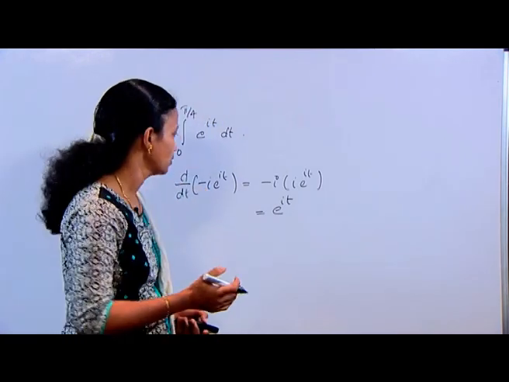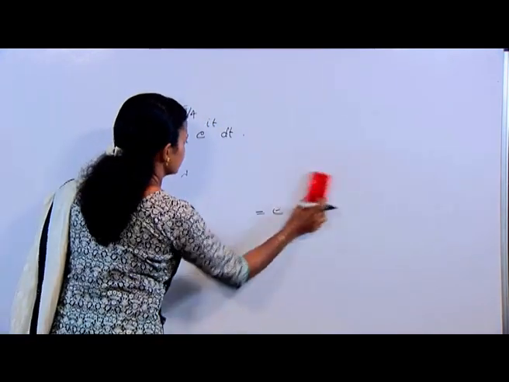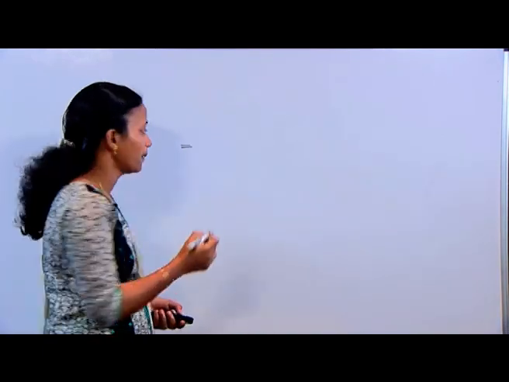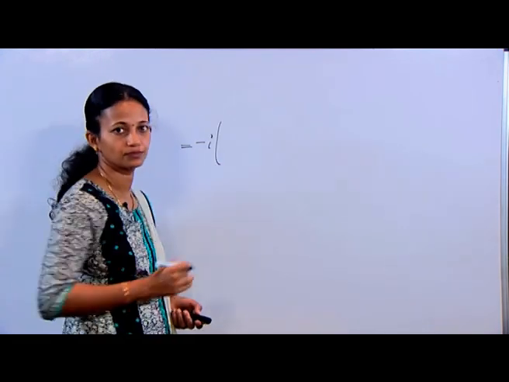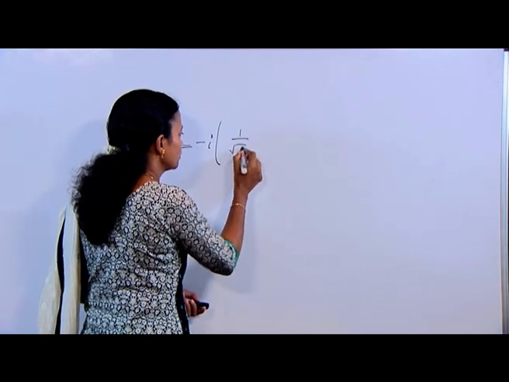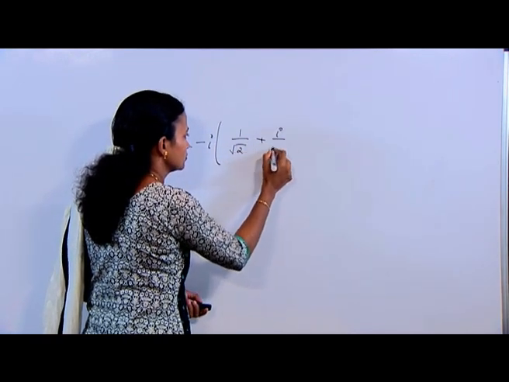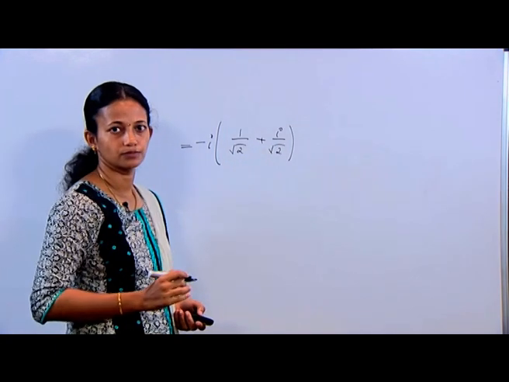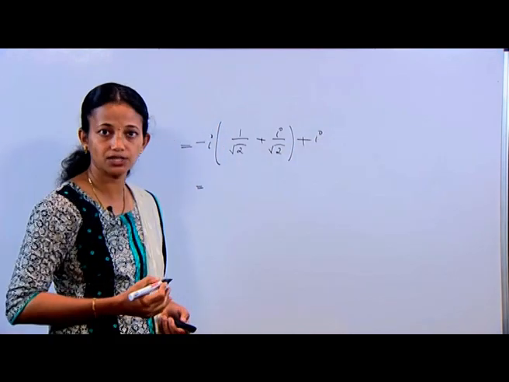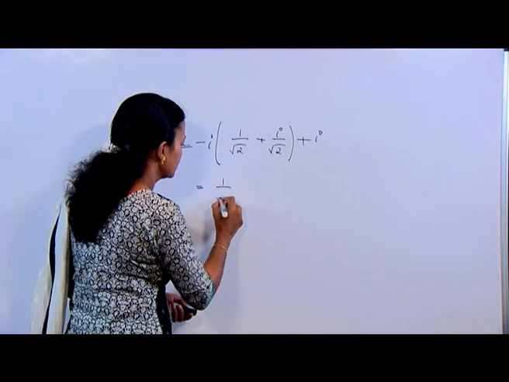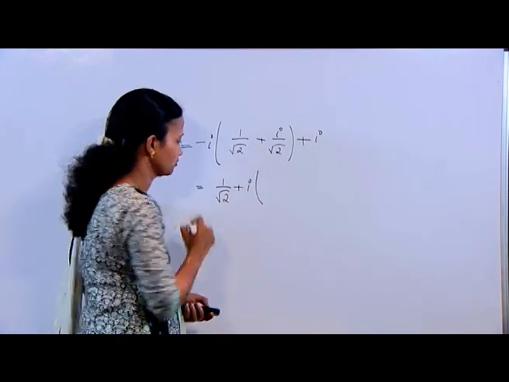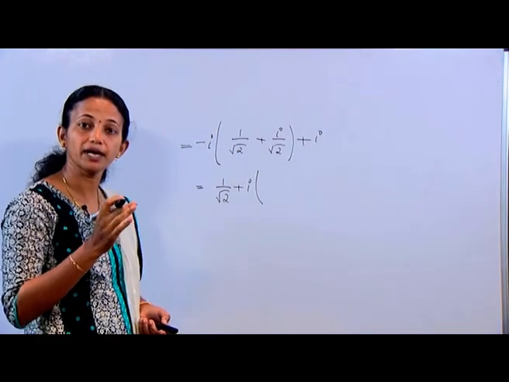That I can write as minus i into 1 by root 2 plus i by root 2 plus i, which on simplification is equal to 1 by root 2 plus i into 1 by root 2 plus i into 1 minus 1 by root 2.